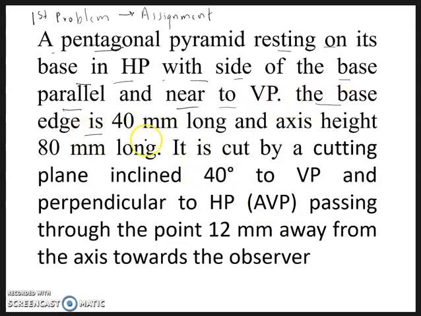The base edge is 40 mm and axis height is 80 mm. It is cut by a plane inclined 40 degrees to VP and perpendicular to HP. So that is an auxiliary vertical plane, right? And passing through a point 12 mm away from the axis towards the observer.